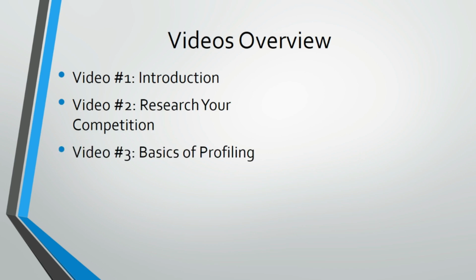Video number three is we're going to talk about the basics of profile. So after we have gathered the competition, we want to begin to profile our perfect buyers. And I'll talk more about that, utilizing certain tools that you can use to find that data out.